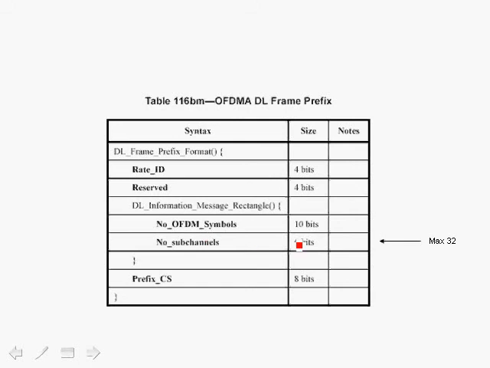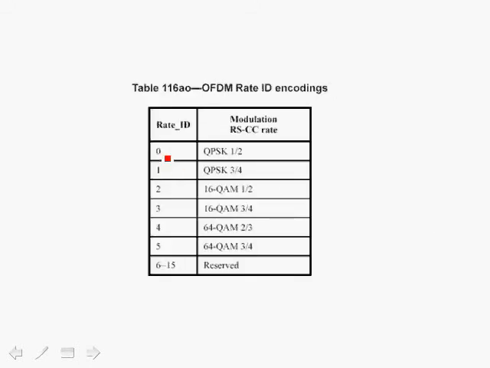These tables describe the actual content of the downlink frame prefix, and you'll note that the first 4 bits are associated with the rate ID. The rate ID is a number from 0 to 15, since it's 4 bits. If the ID is 0, that means the frame is going to be encoded with QPSK at half rate, 1 for QPSK at 3/4 rate, and so forth, all the way to 5, which is 64 QAM at 3/4 rate.